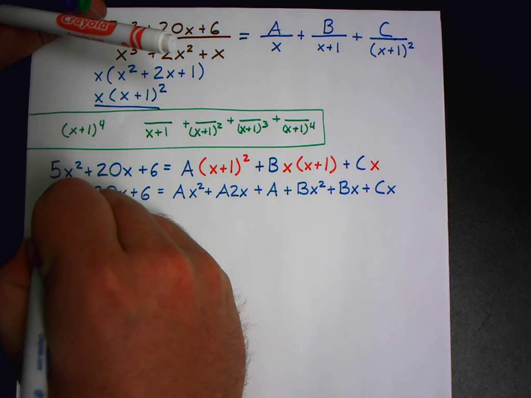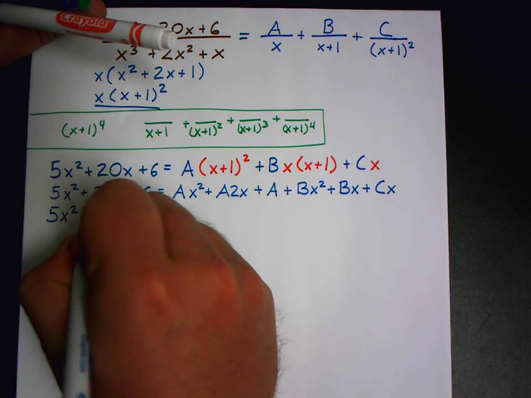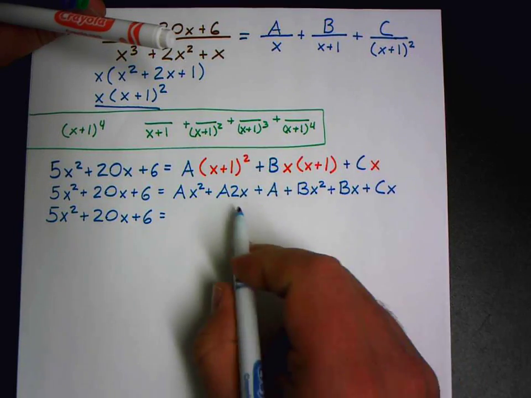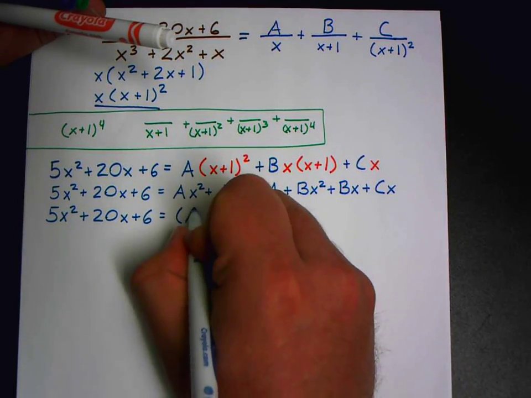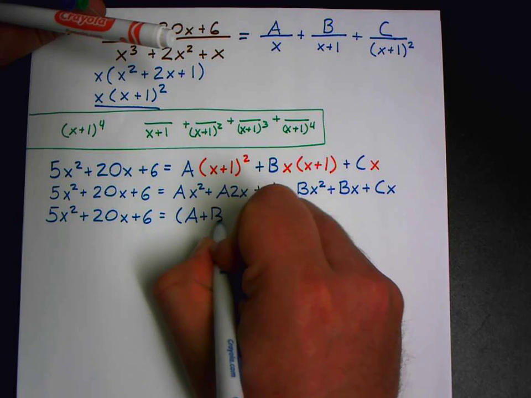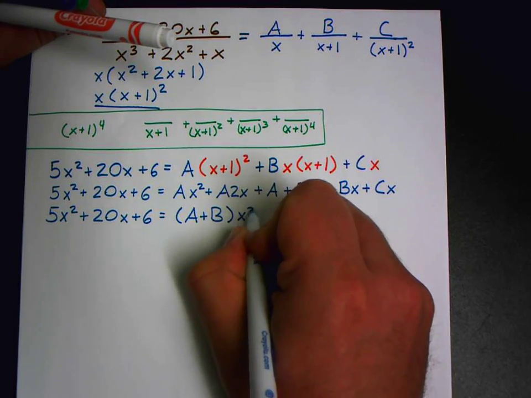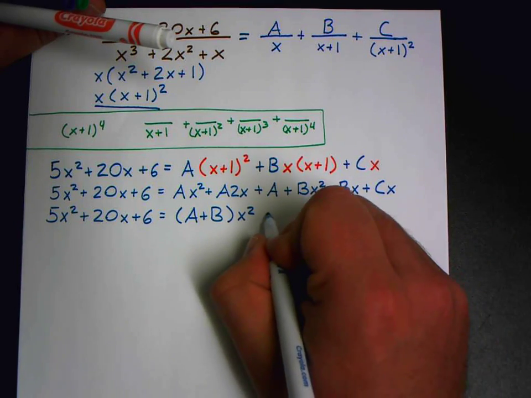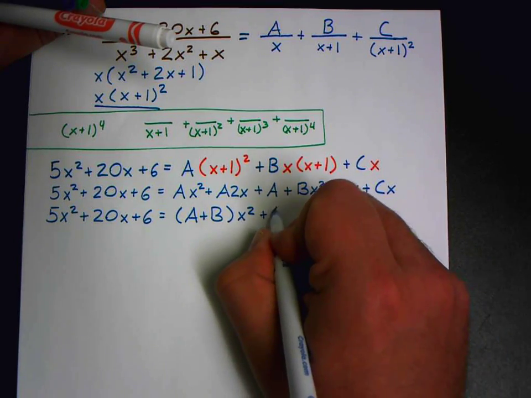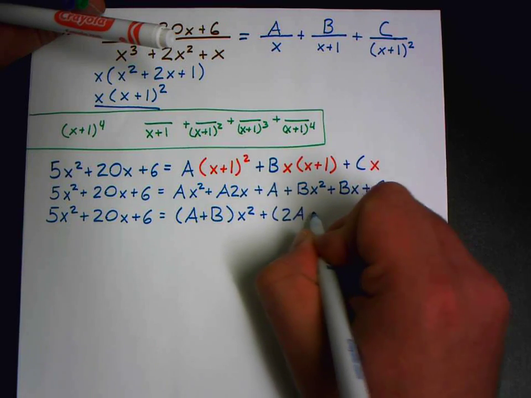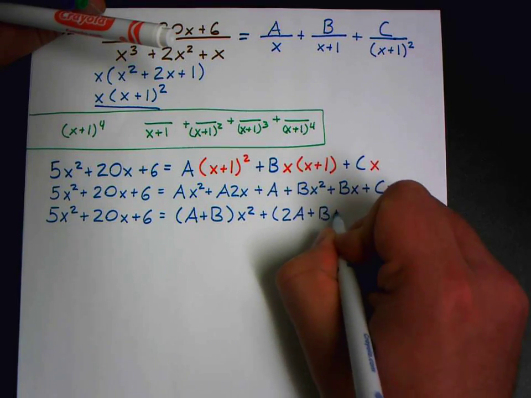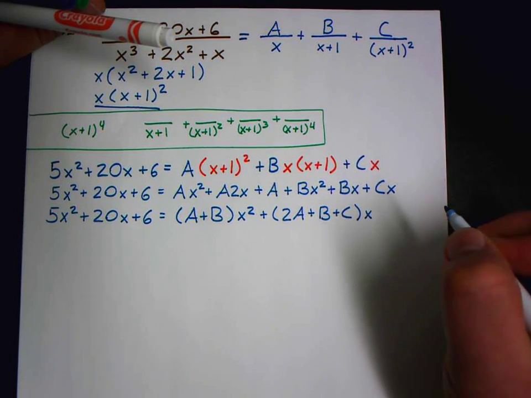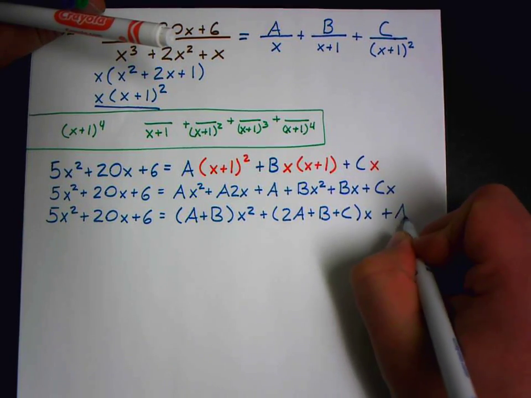Okay, I need to combine like terms. For x squareds, I have A and B. For x's, I have a little bit of everything. For a constant, oh, that's nice. All I have for a constant is A.